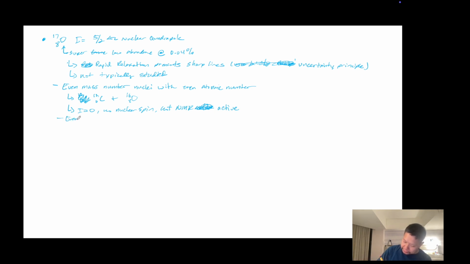And then our last category is even mass number with odd atomic number.